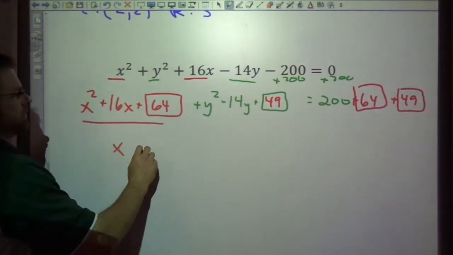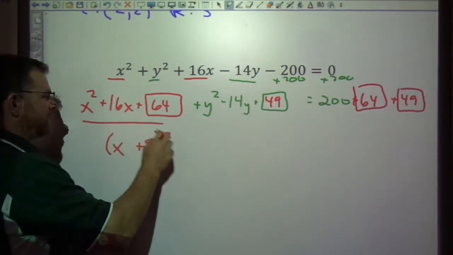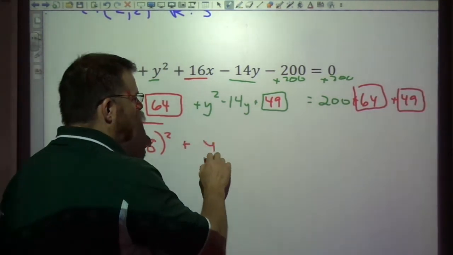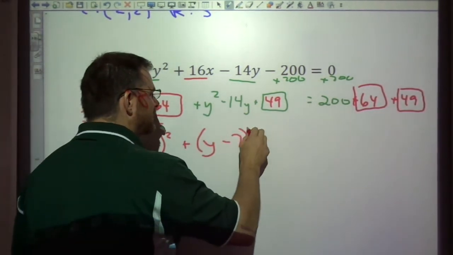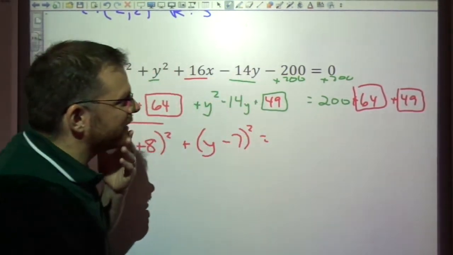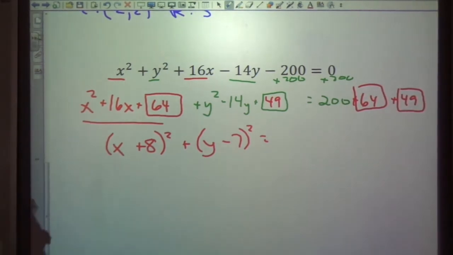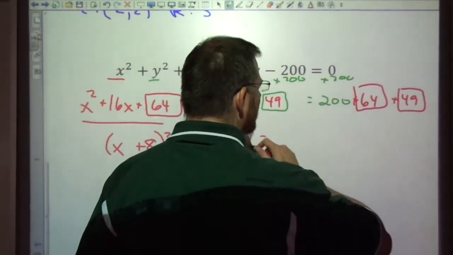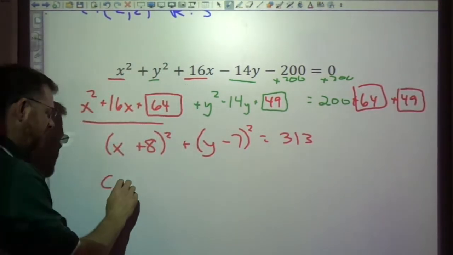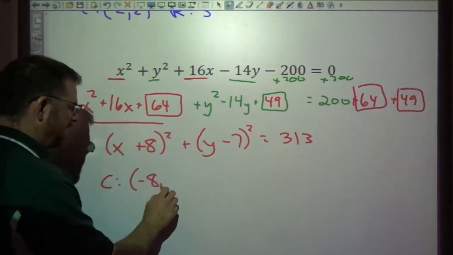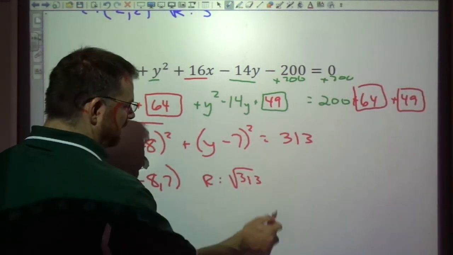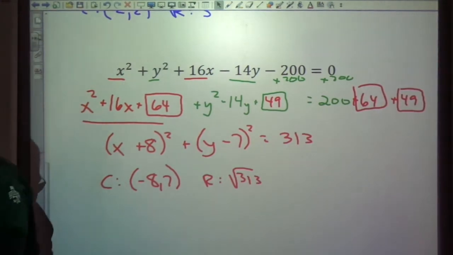That is (x + 8) squared, because that's half the middle term, and also the square root of this, plus (y − 7) squared, because that's half of this, and the square root of that. And then this, 200 plus 64 plus 49, that looks like 313 maybe? So we would say the center is (−8, 7), and the radius is just the square root of 313, whatever that is. That's how you complete the square for circles.